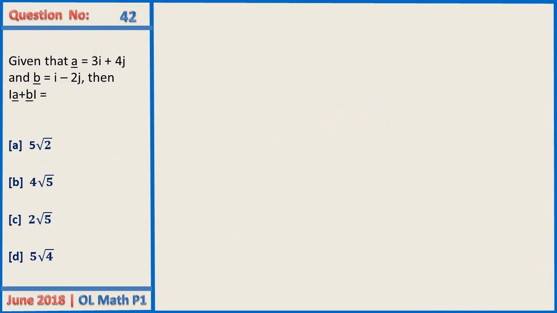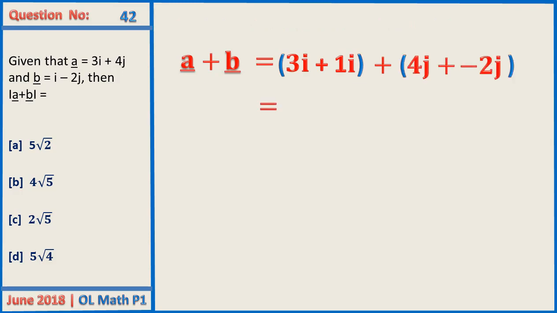Now, given that A equals 3i plus 4j and B equals i minus 2j, then the absolute value or the modulus of A plus B is, the first thing to do here is to find A plus B, then the magnitude or the modulus. So A plus B will be equal to 3i plus i. We add the i's, then now plus the sum of the j's. You have 4j plus minus 2j. This will give us 4i plus 2j.